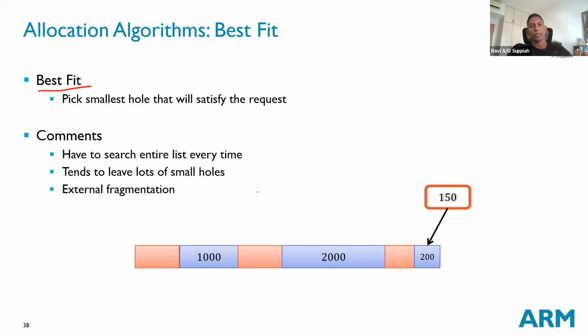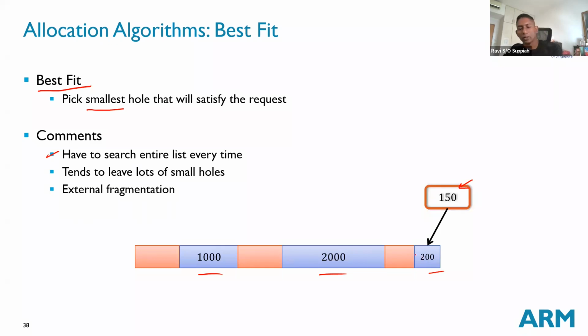If the policy is best fit, then it has to search the entire list and look for the closest hole, that means the smallest hole that is able to satisfy the request. If my request is 150 bytes, then since I have 3 blocks here, I'll choose the one closest to it, which is 200.